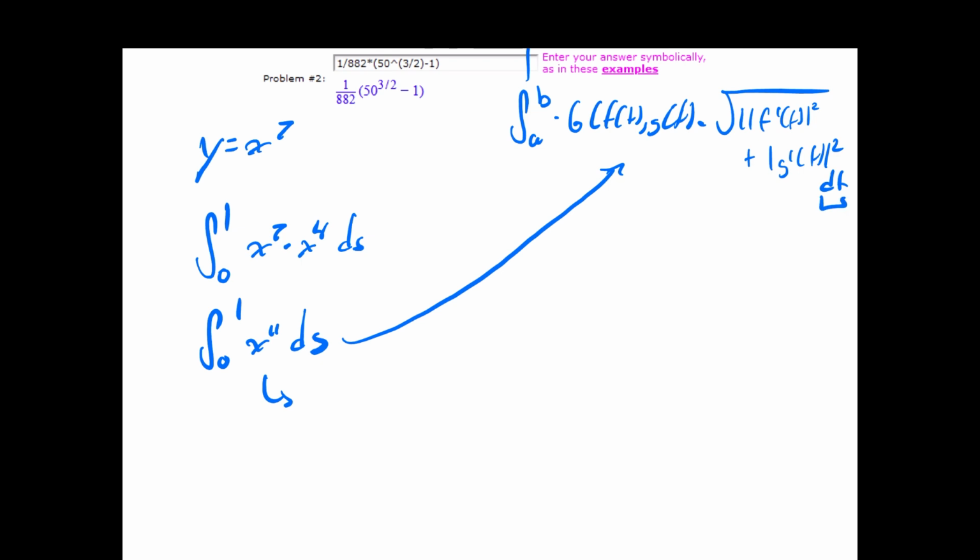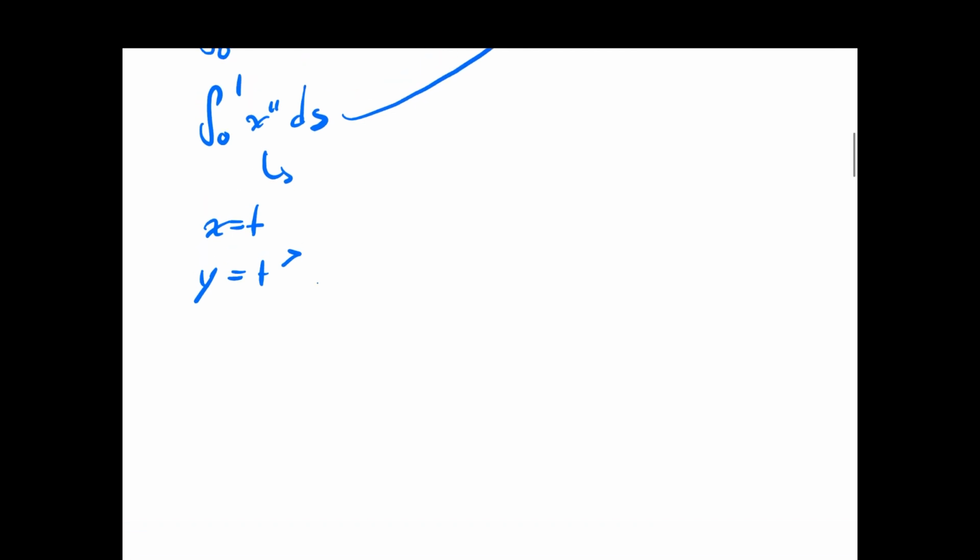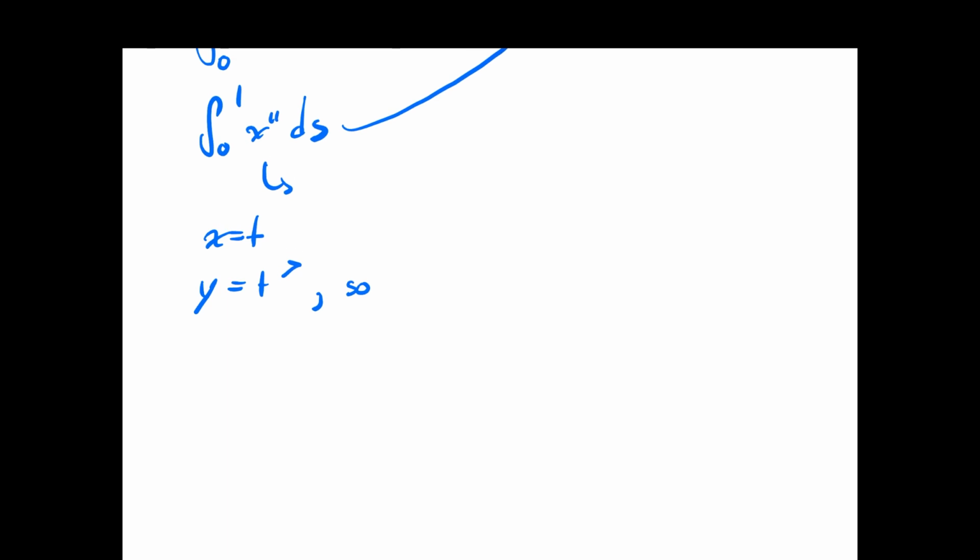So we have to break it up. What we can say is, if we call x t, then y equals t to the 7. And so we've parameterized it.